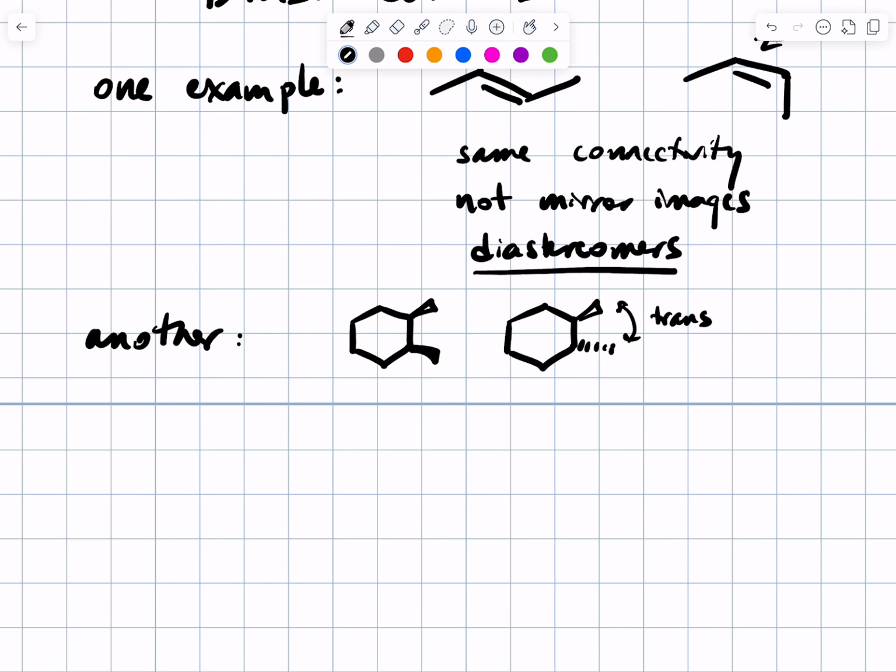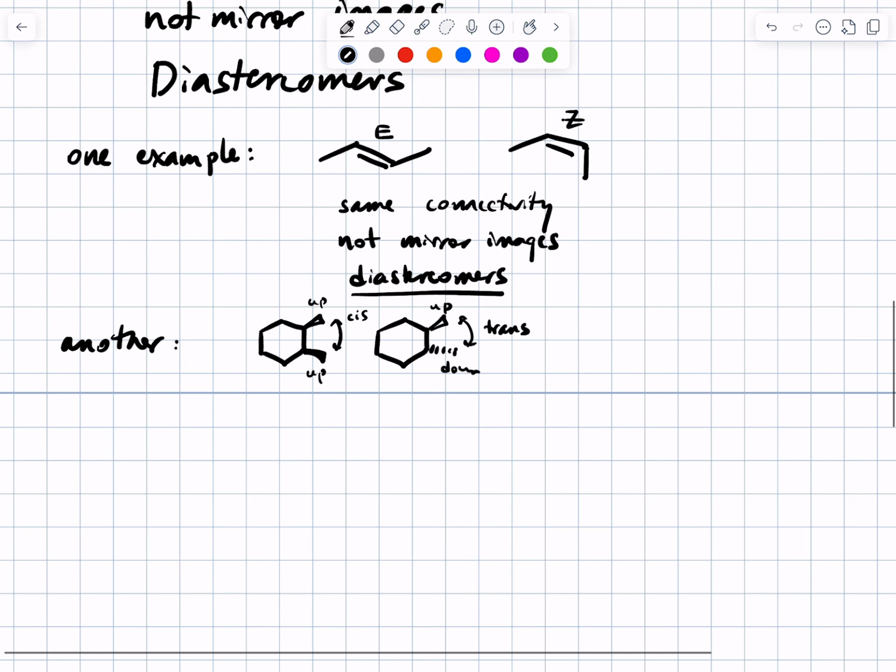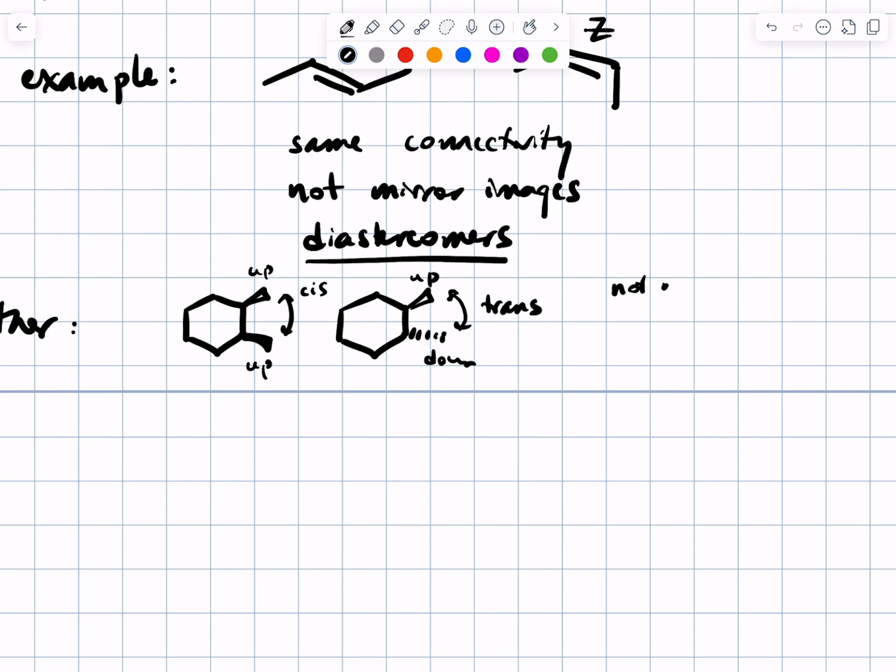One is up and the other is down. In the one on the left, the methyl groups are cis to each other. They are both up. These two are not mirror images of each other. So they must be diastereomers. Diastereomers is what we call any stereoisomers that are not mirror images of each other. Okay.